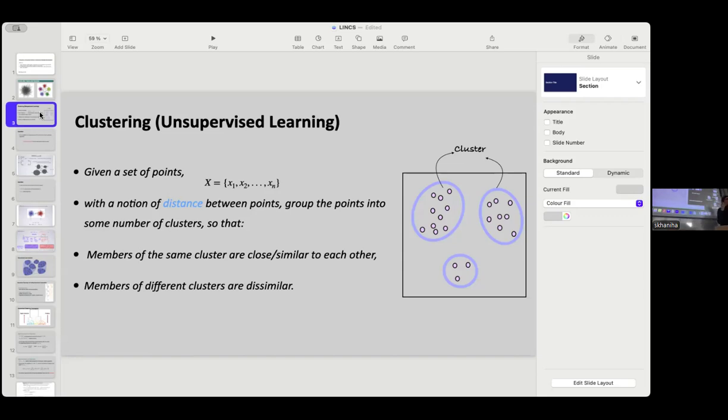It means that when two groups have more connecting edges in between, they are more similar to each other. So we have some notion of distance or similarity, and the goal is to find clusters such that the points in a cluster are close or similar to each other, and members of different clusters are dissimilar or far from each other.